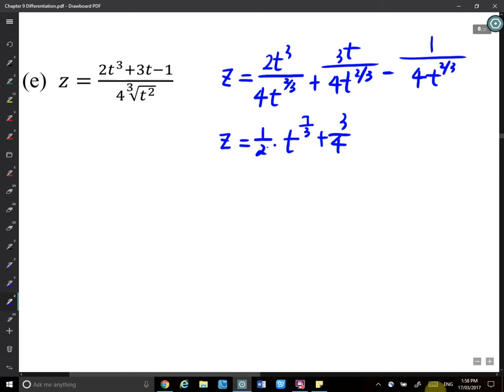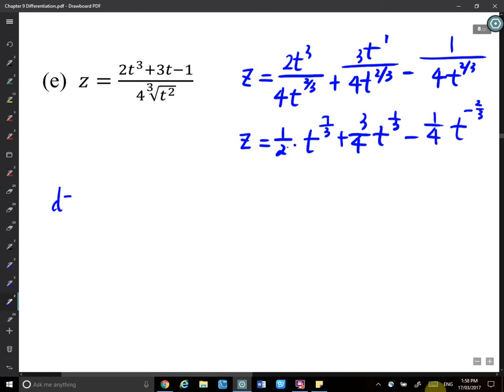Plus 3 over 4 t, here is 1 subtract 2 on 3, which is 1 on 3. And minus a quarter t to the power of negative 2 on 3. Because it's on the bottom, flip it, put it on top, it will be negative.